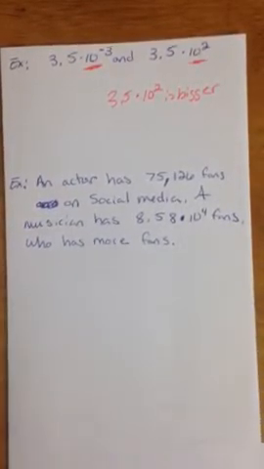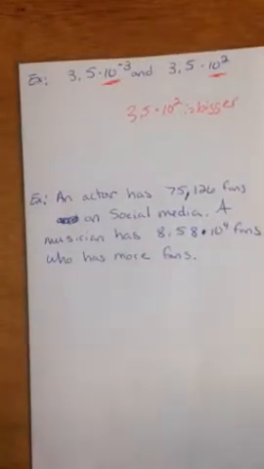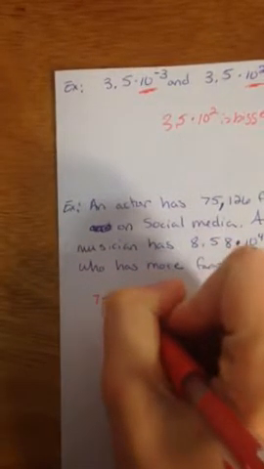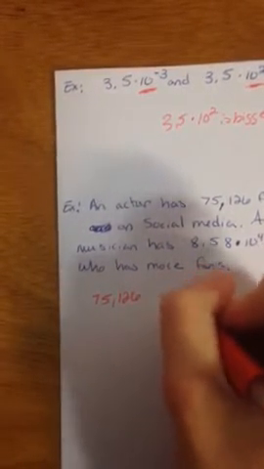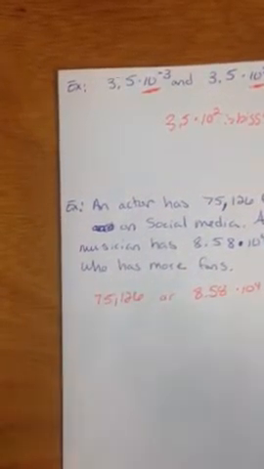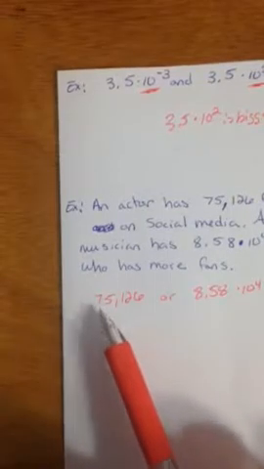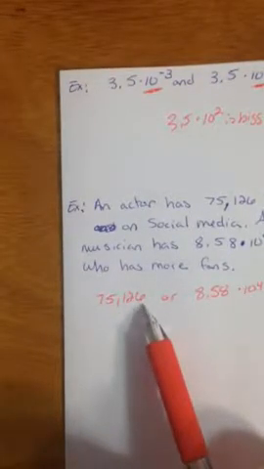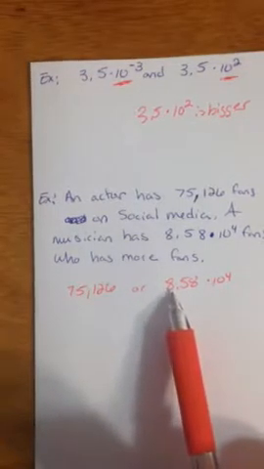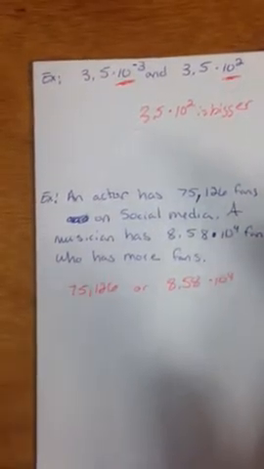If you notice, when we're comparing these two things, I just want to know which one's bigger. I have 75,126 or 8.58 times 10 to the 4th. Now if you notice, 75,126 is in standard form and 8.58 is in scientific notation.